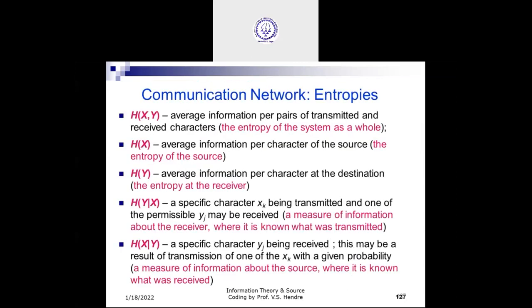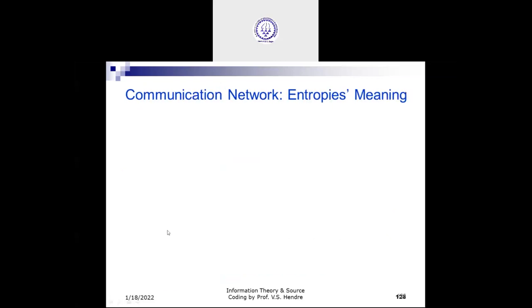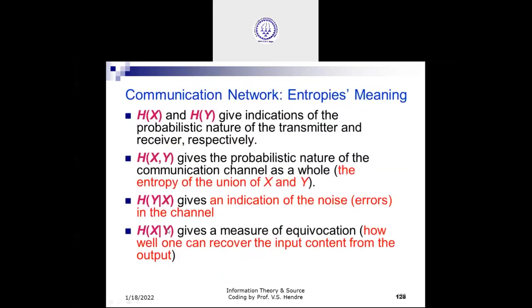Whenever we define h of y given x, I know what is transmitted, and I'm trying to find out the measure of information about the receiver, that is y. For h of x given y, I know what is received, and I am trying to find out the measure of information about the source. So this is the physical significance of entropy.